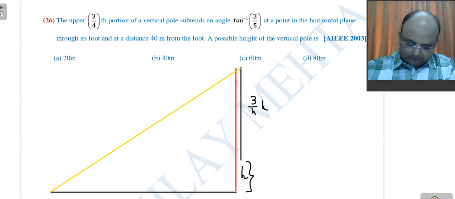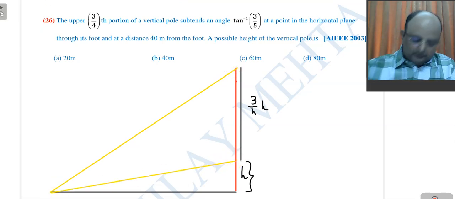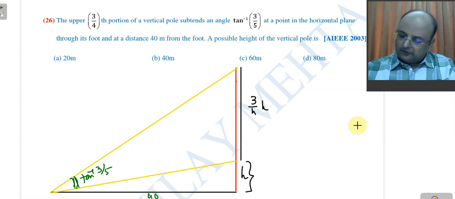So this is tan inverse 3 by 5 and at distance 40. So this is 40 from the foot. A possible height of the vertical pole h is blank.